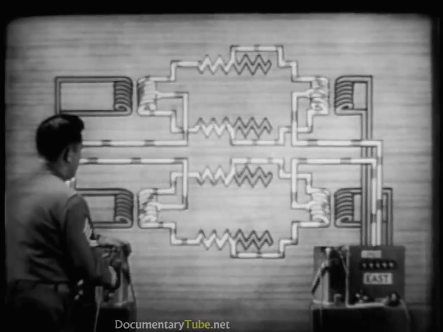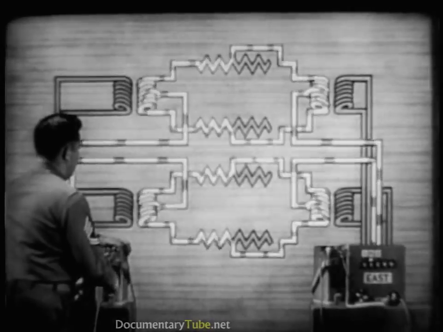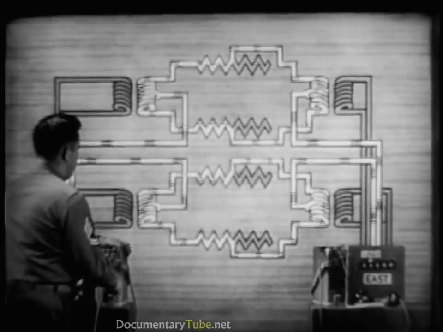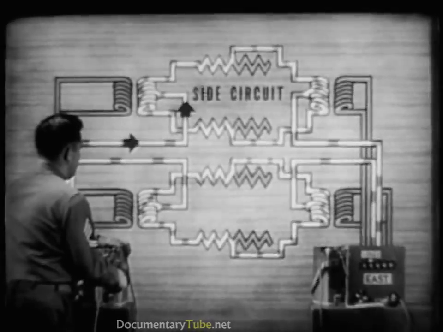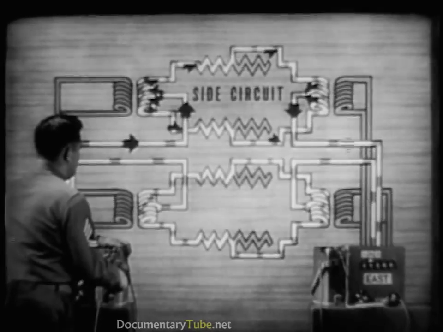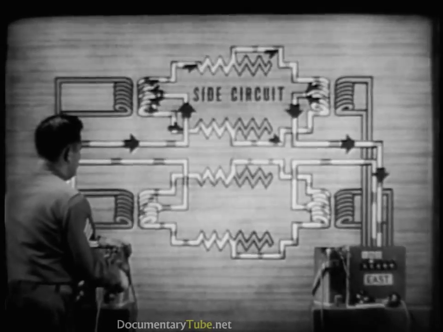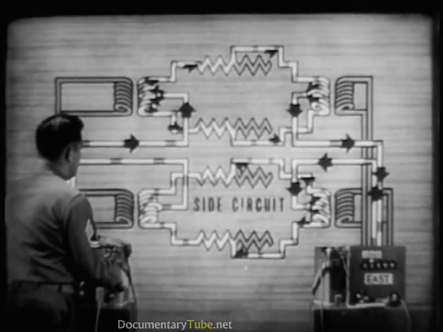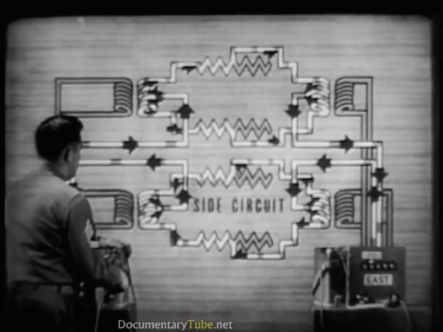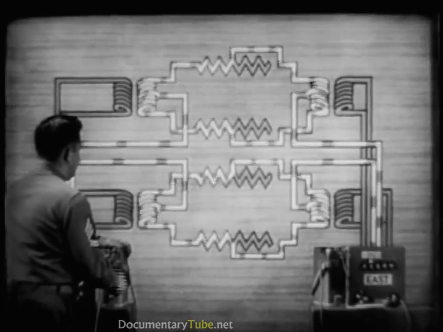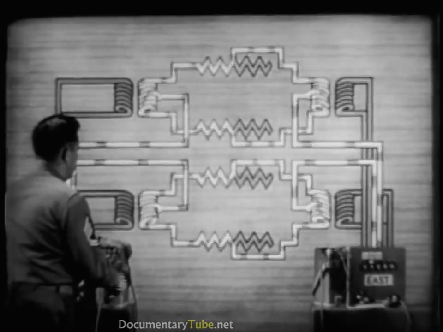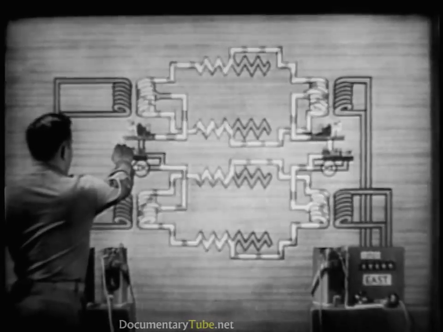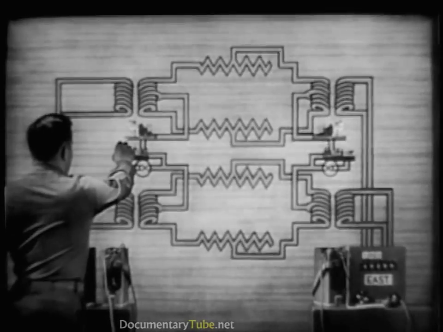When the phantom is in use, the current divides in the repeating coils just as in a simplex circuit. The current travels through the line wires of the number 1 side circuit. Instead of returning through the earth, however, it uses the wires of the number 2 side circuit. The phantom is also frequently used for telegraph communication.